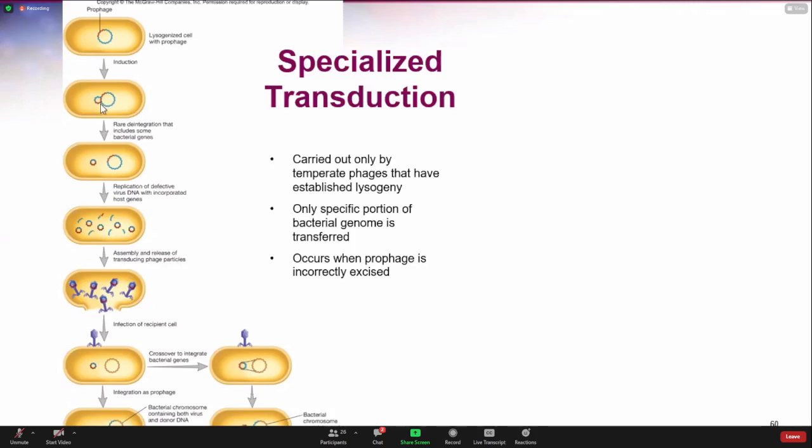And when they're being induced to leave, sometimes they will make a mistake where they not only pick up the viral DNA, but they actually pick up some of the bacterial DNA as well. And in the process, because viruses can only package a certain size of DNA piece, some of the viral DNA is left behind, right? So it's a recombinant piece, basically half viral DNA and half bacterial DNA.